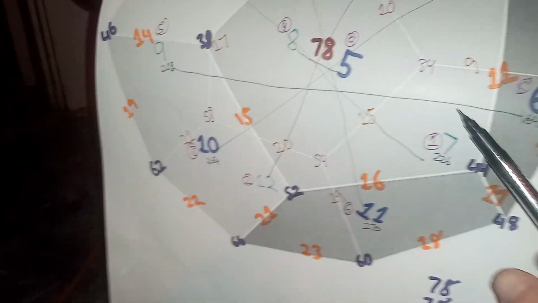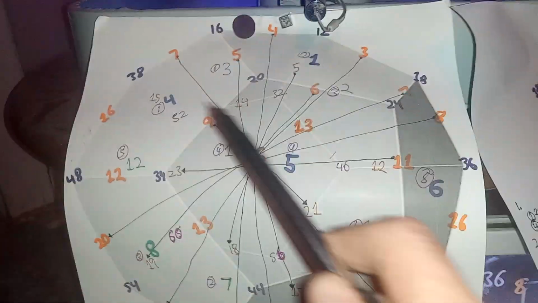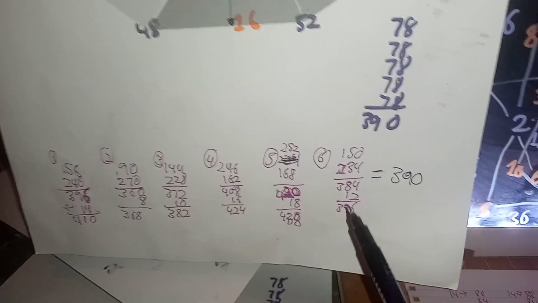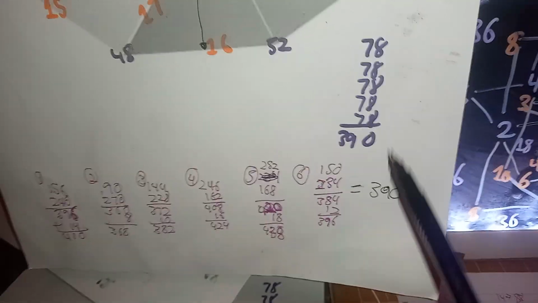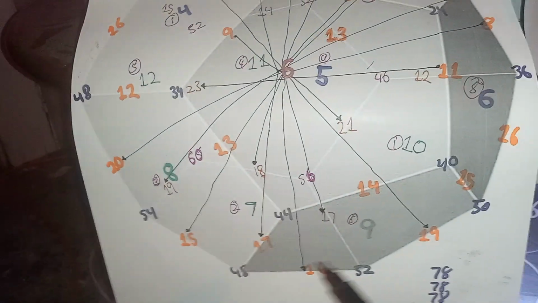This is another example. Well, this is another example right here. All these numbers right here add up to 390, which gives 78, which is written on the surfaces with these.